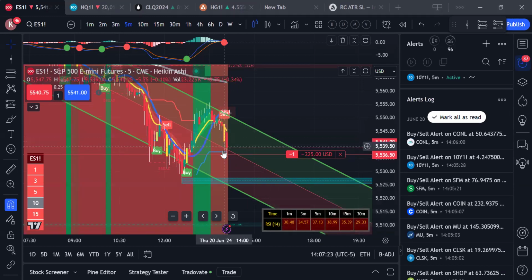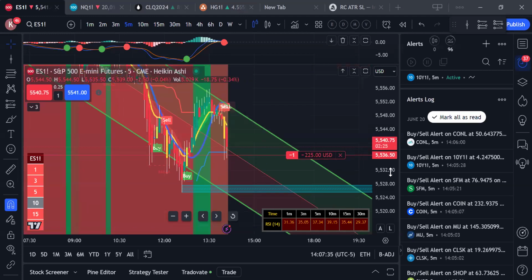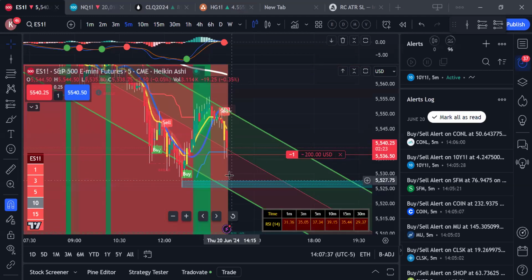Because this was a big candle. Generally, we should wait for a pullback when you see such a big candle. But it should come all the way to the bottom.